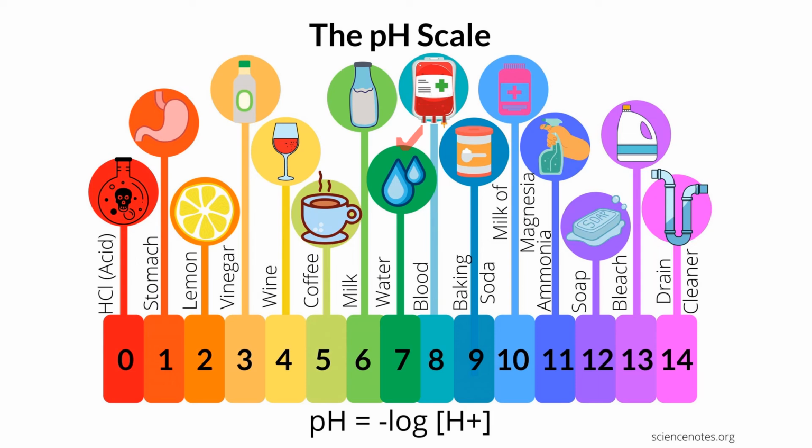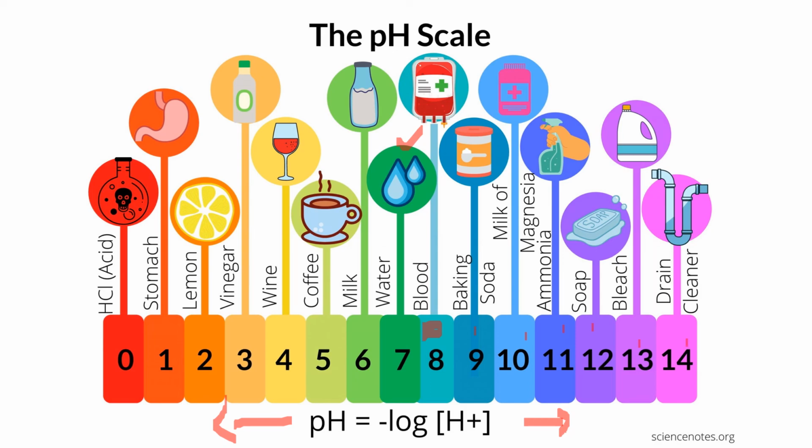When it reacts with acid it becomes acidic, and when it reacts with base it becomes basic. After that you can see the blood comes at the side of the bases. This is base and this is acid. So here you can see, after 7 on the basic side, it is blood, then baking soda, then milk of magnesia or ammonia, then soap, then bleach, then drain cleaner.